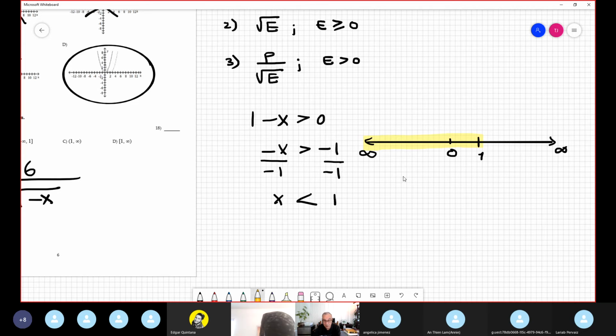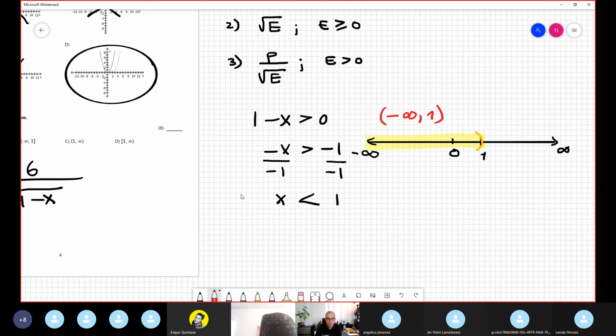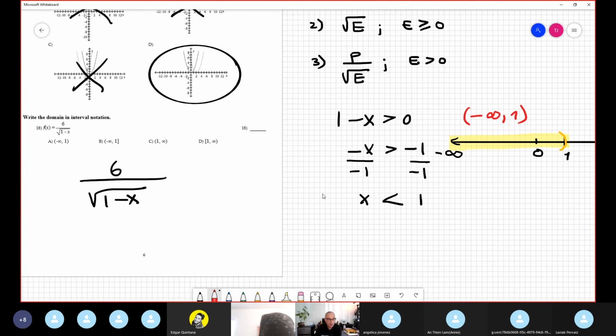No, it's not included because it's not equal here. So how do you write that? It is from negative infinity, comma 1, parenthesis. Like option A. Boom, we finish the final test, and we finish our course of college algebra, MAC1105.